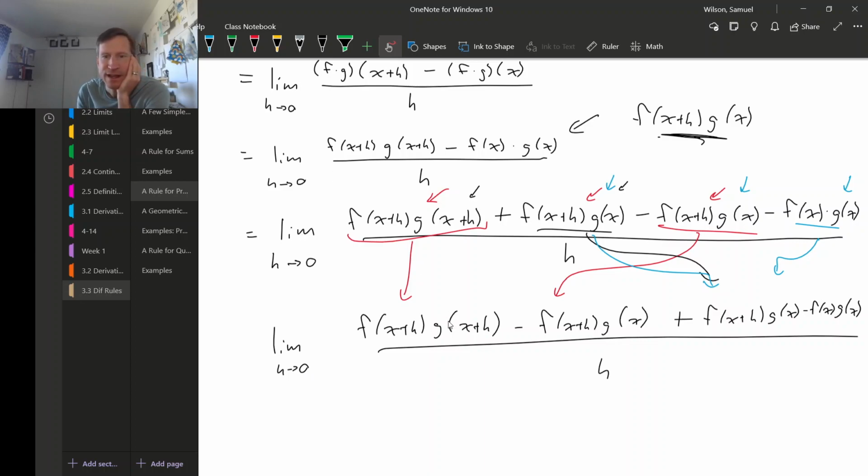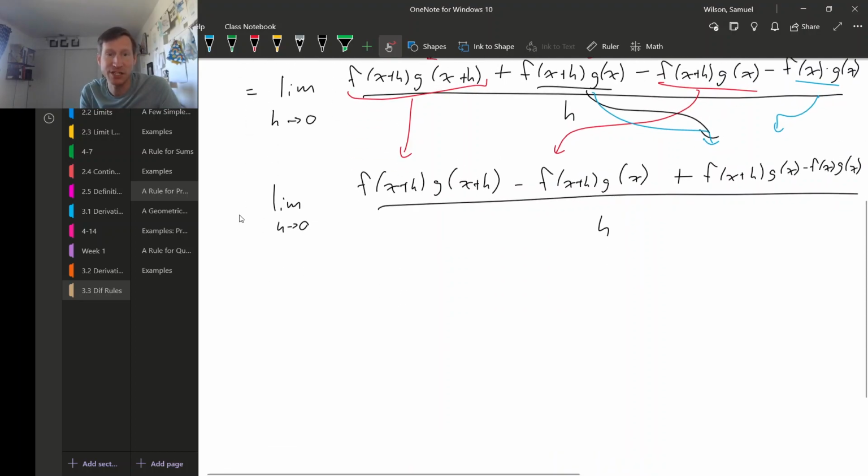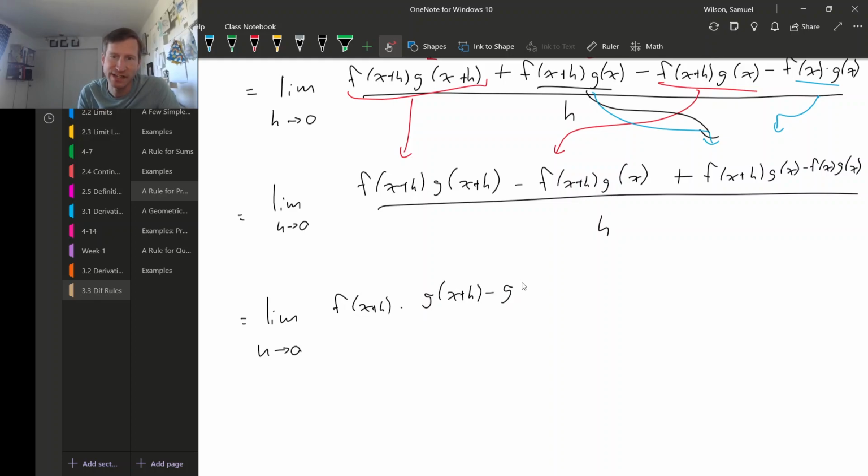Now these first two terms have an f of x plus h in common, so let's factor that out. So f of x plus h times, and then the stuff left over is g of x plus h minus g of x, and that's over h, plus, and then we can take the limit as h goes to 0 of the second piece, but these have a g of x in common.